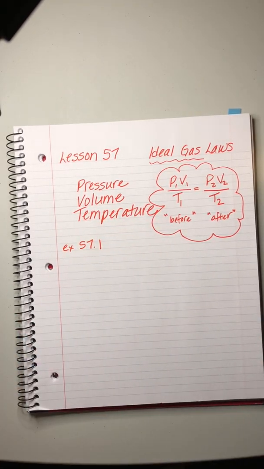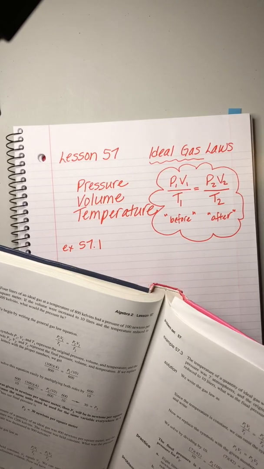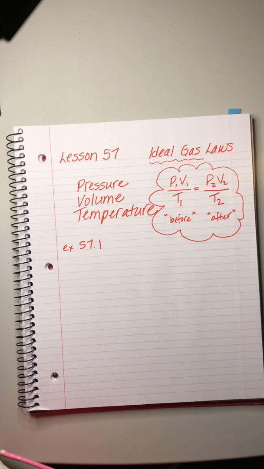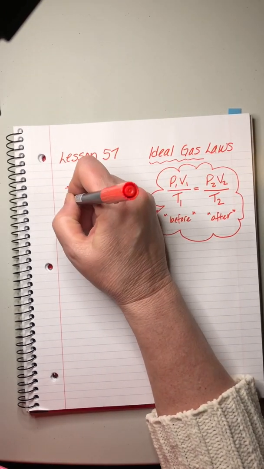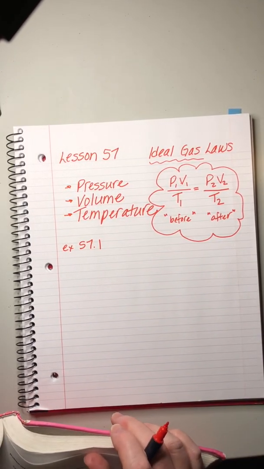Ready? 4 liters of an ideal gas at a temperature of 800 kelvins had a pressure of 100 newtons per square meter. Okay, that sounded like a lot, didn't it? Let's just go bit by bit and write down, remembering that we want these 3 pieces of information. 4 liters.